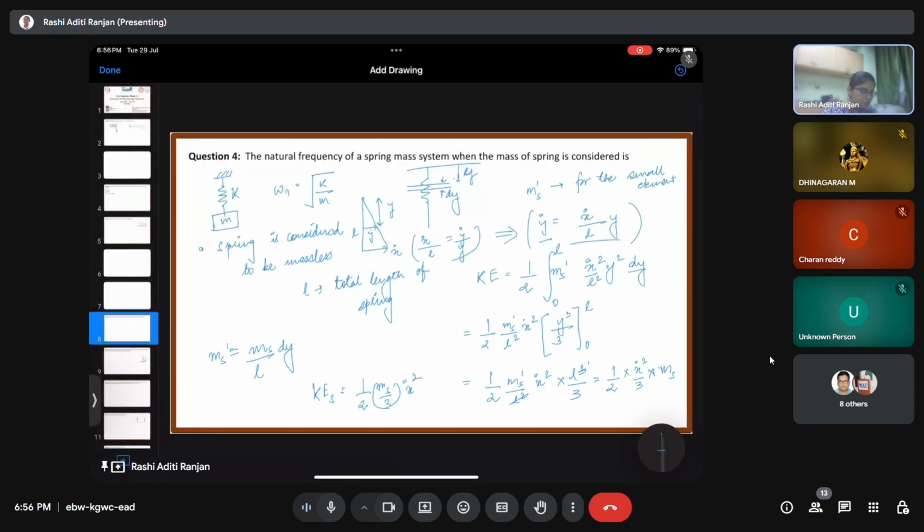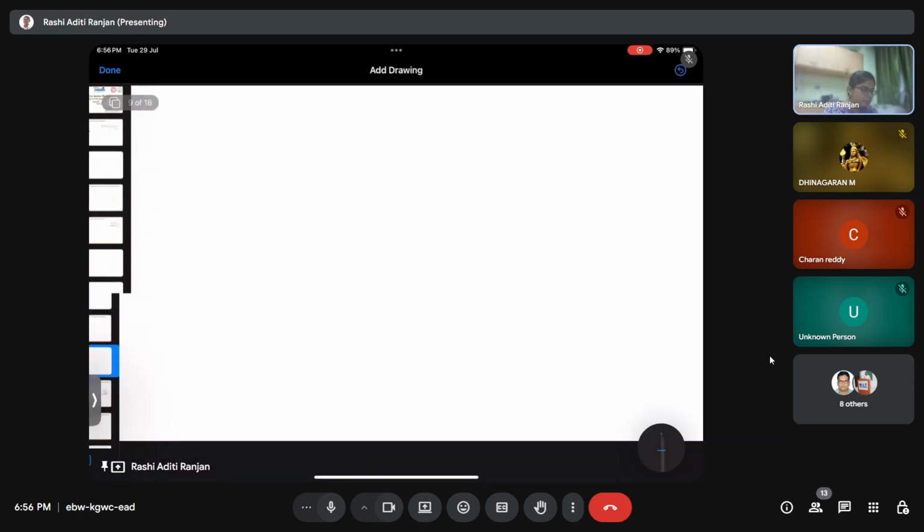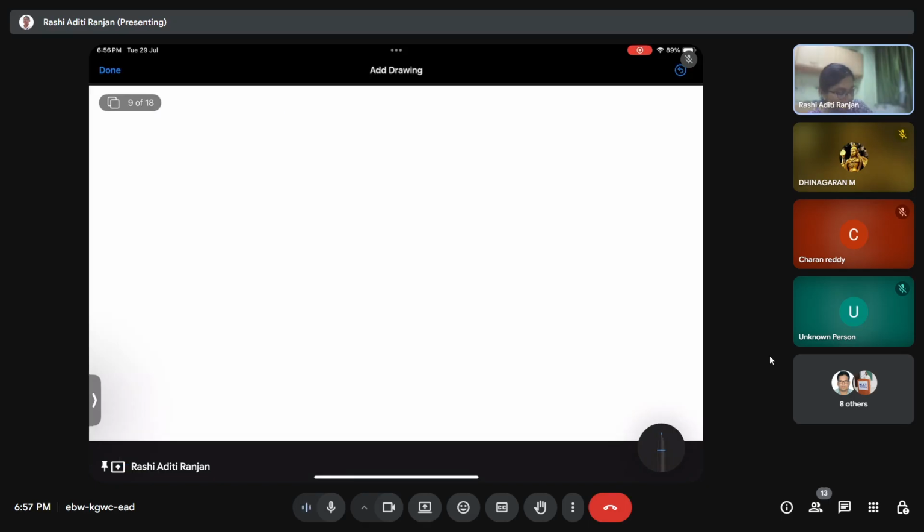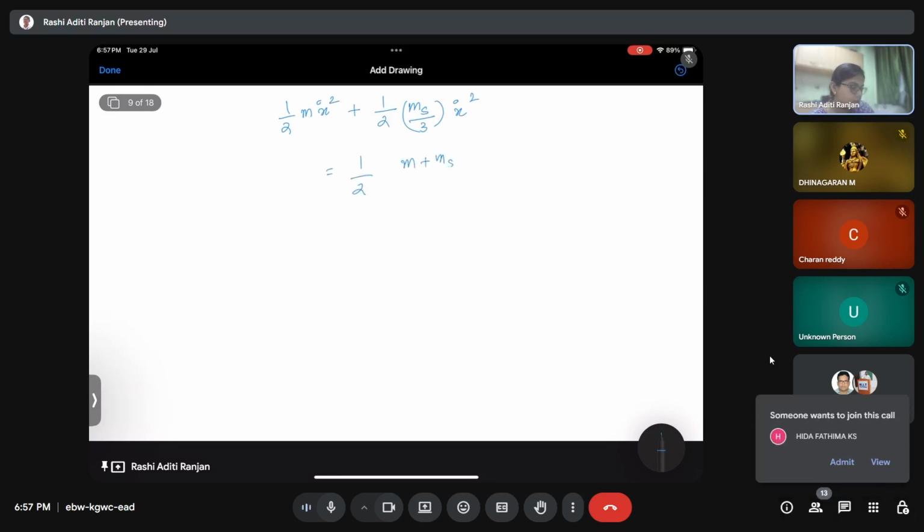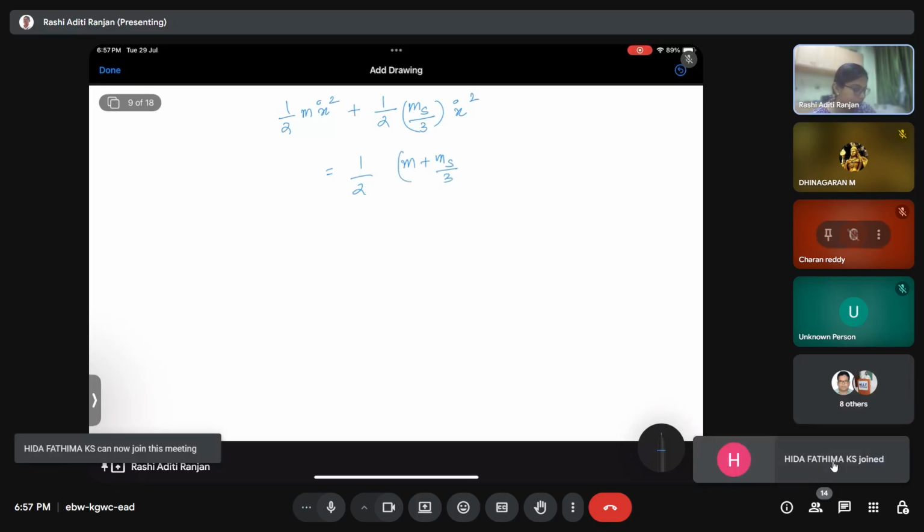For the spring mass system, I had my kinetic energy as half m x dot square. Now there is an addition of half m s by 3 x dot square. So we'll have half m plus s by 3 x dot square.